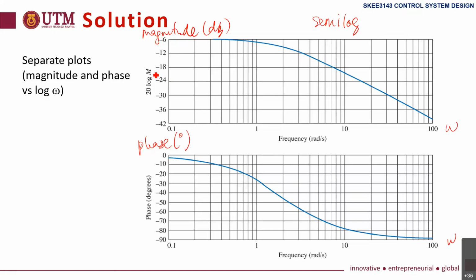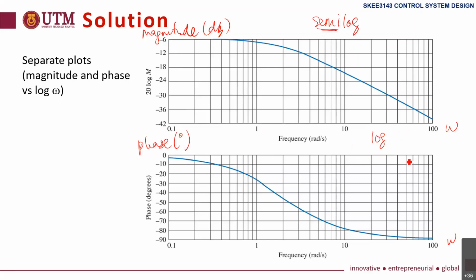The value is log, but the scale here is not log, it's normal: 6, 12, 18, 24 in dB. To get dB we have to log, but that is a different thing. The scale here is the common, normal one. You see the scale in the x-axis is a log scale. Semi-log refers to the x-axis being a log scale and the y-axis a normal scale. So half log.